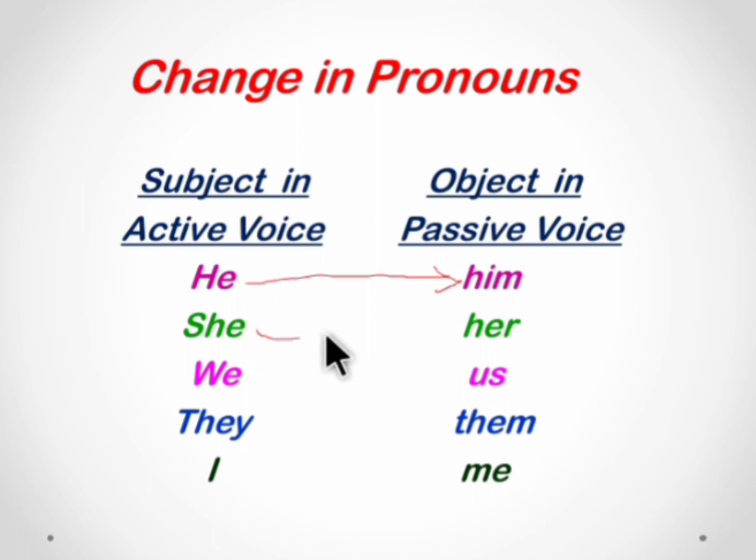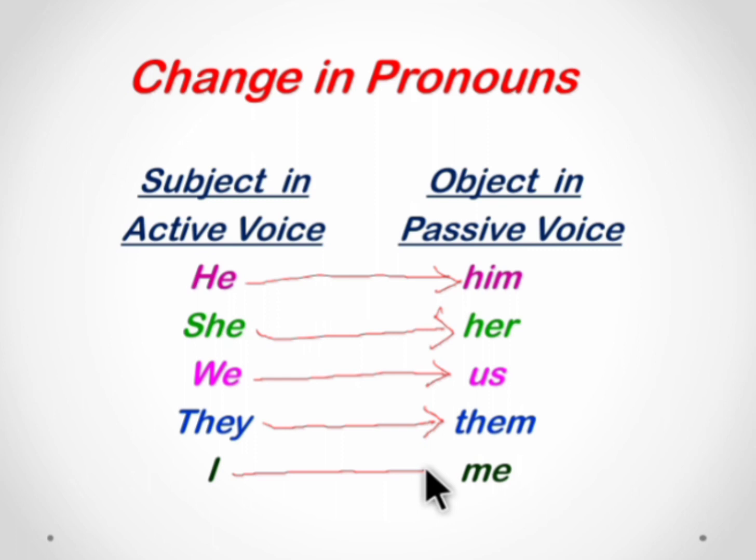If it is she in active voice, it will become her. If we is the subject in active voice, in passive voice it will become us. If they is the subject in active voice, it will become the object them. If I is the subject in active voice, in passive voice it will change to me.